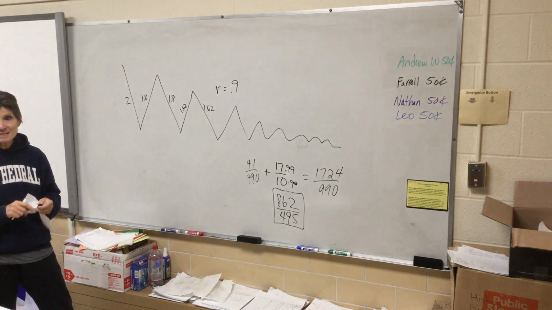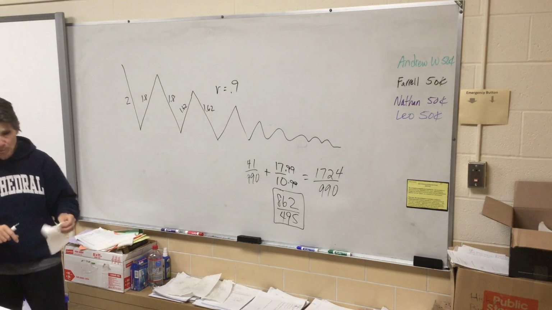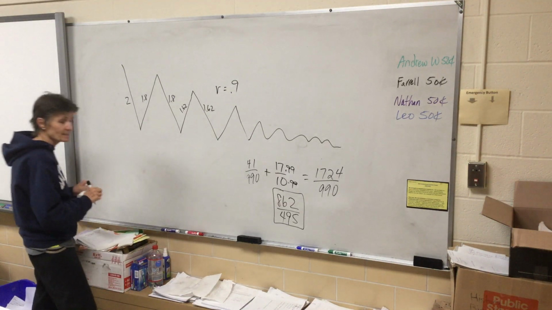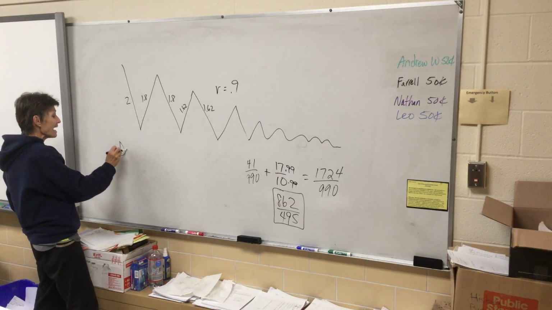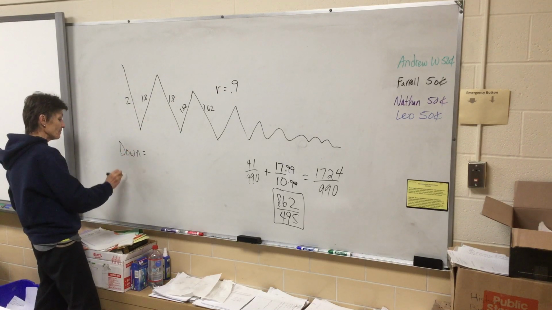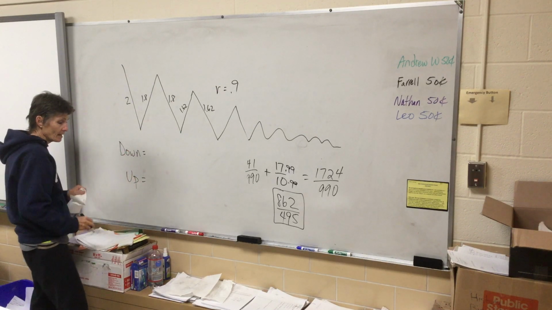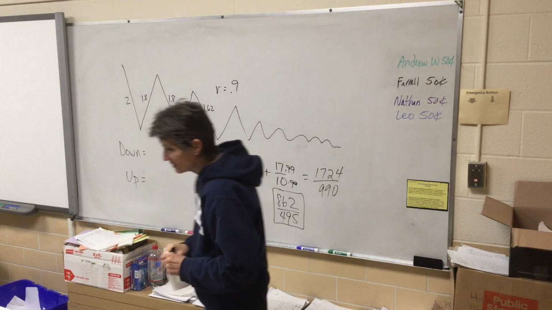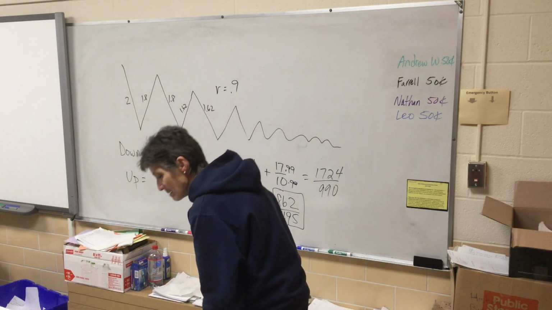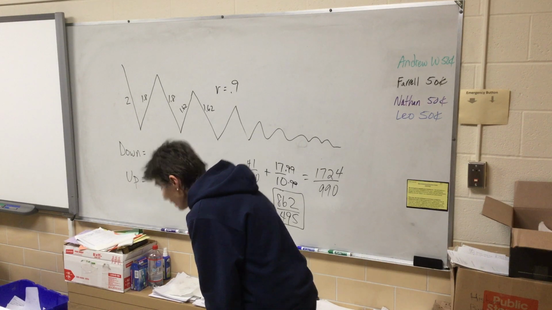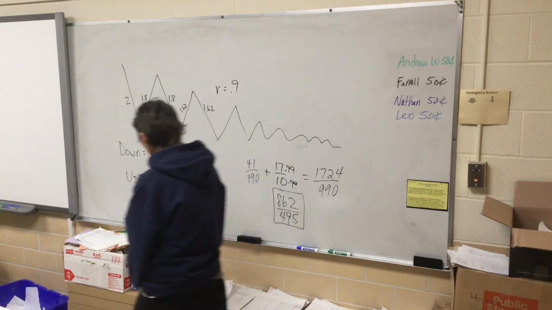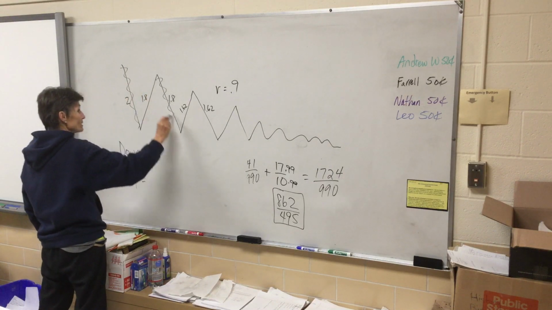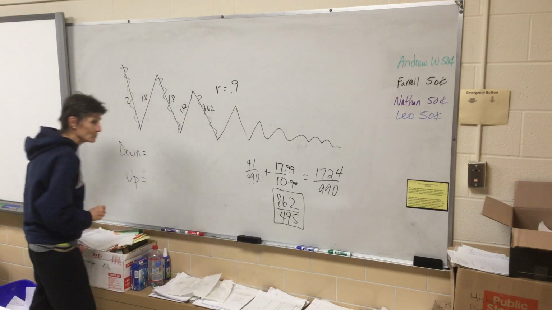Now what makes this a little bit different than the other problems we did is there's actually 2 series here. There's the downs and there's the ups. And they are not the same. Does everybody see that the downs and the ups aren't the same? Because the downs start with 2. So here is my sequence of downs.